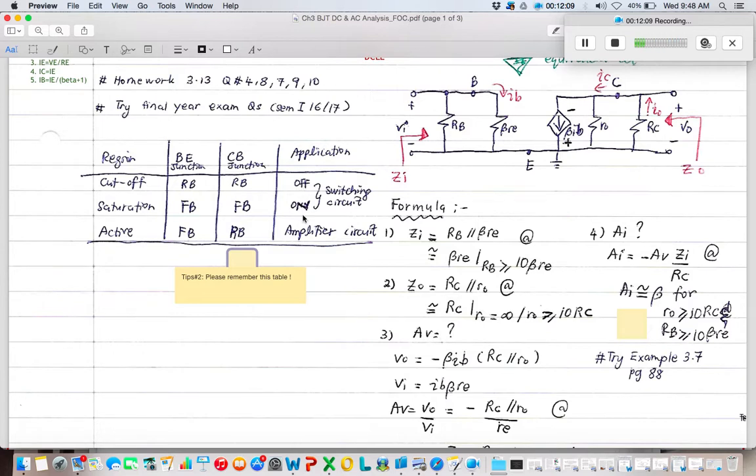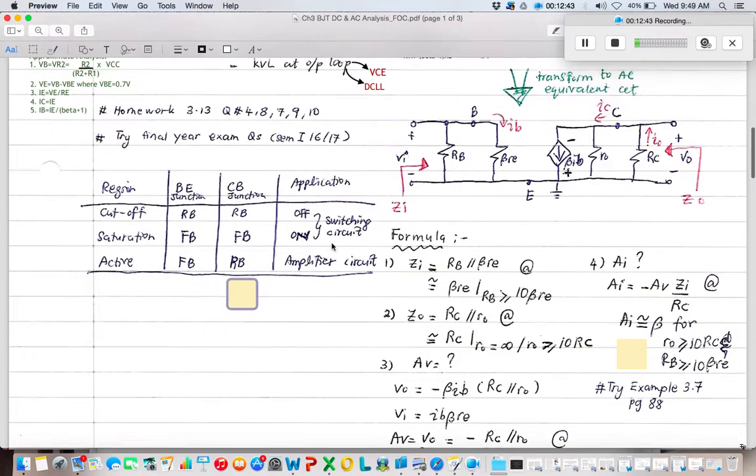So with the on and off modes, we can use the BJT as a switching circuit. However, in the active region, one must be in forward bias, which is the BE junction, whereas the other one, the CB junction, is in reverse bias. So the application that the BJT can do is as an amplifier circuit. Alright, I hope you can remember that one.